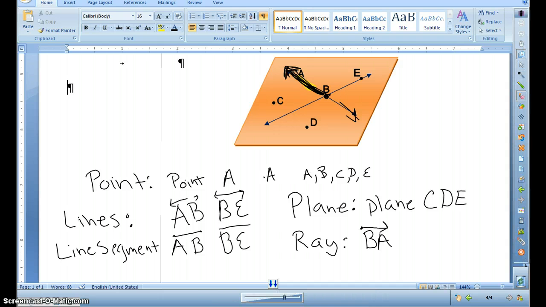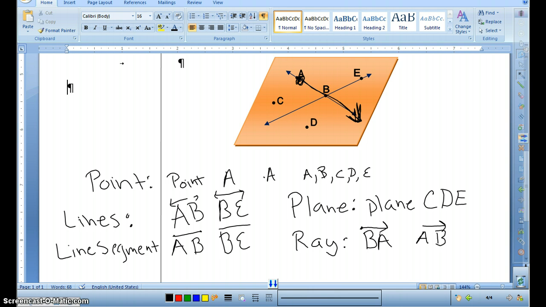Another ray in this picture would be AB, technically. And that ray would start here at A and continue all the way down this direction. Okay, so we'd call that AB. Remembering, even though the B is up here, it's okay. It doesn't have to be down by the arrow.